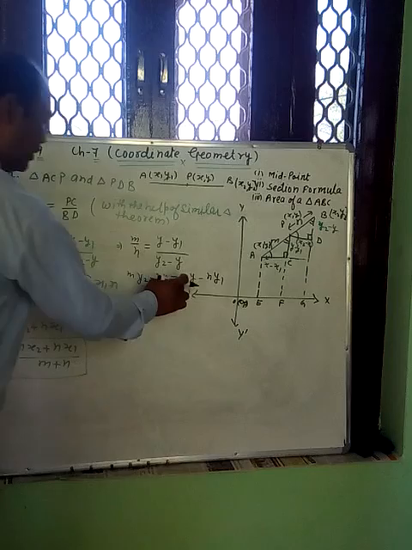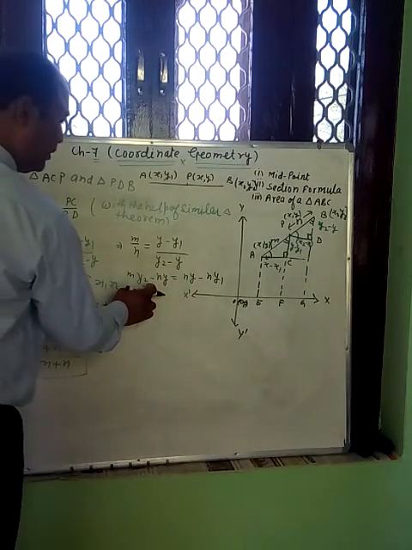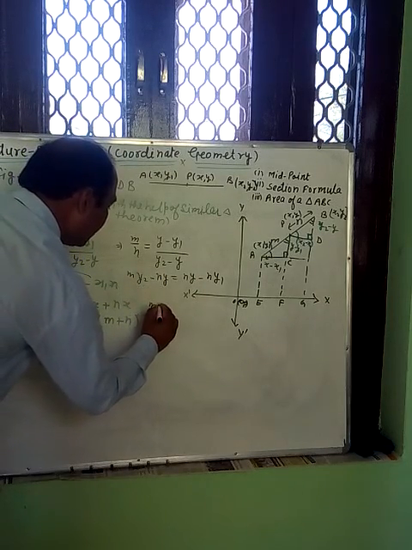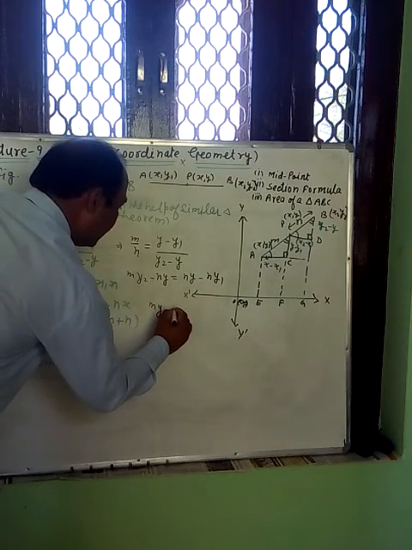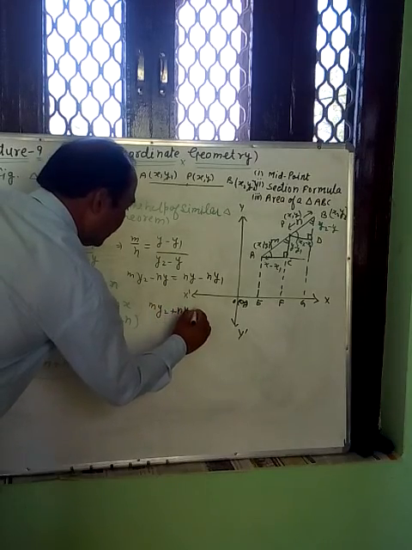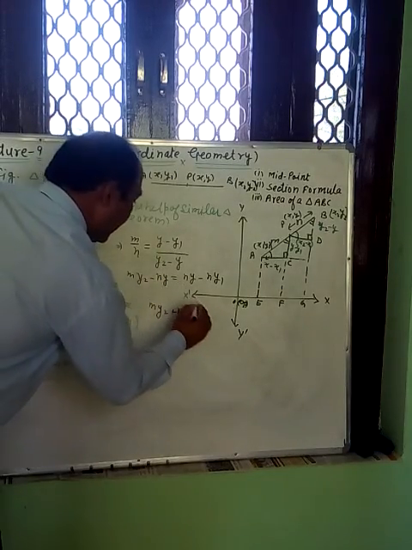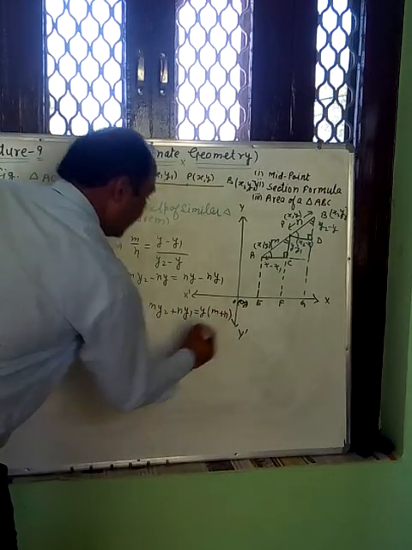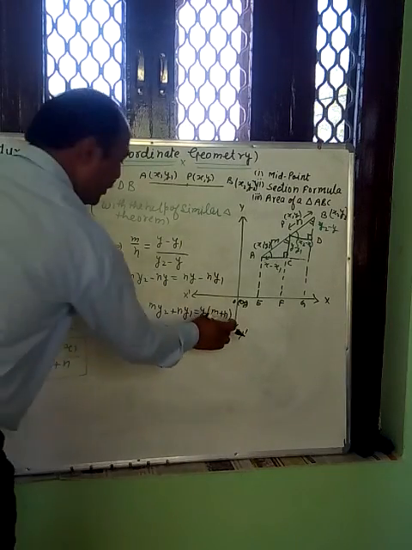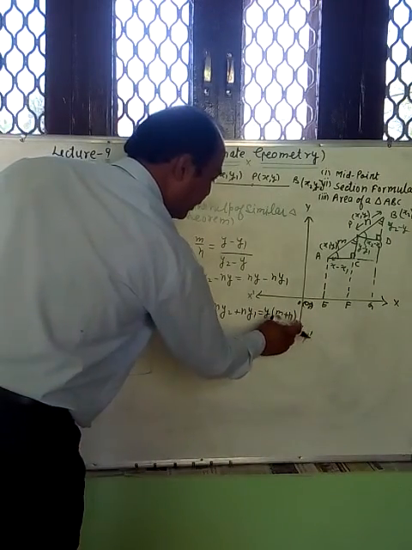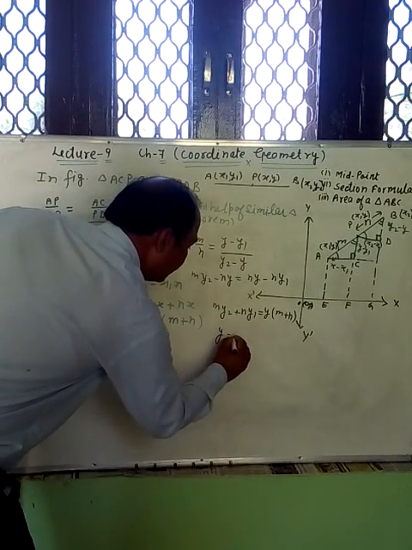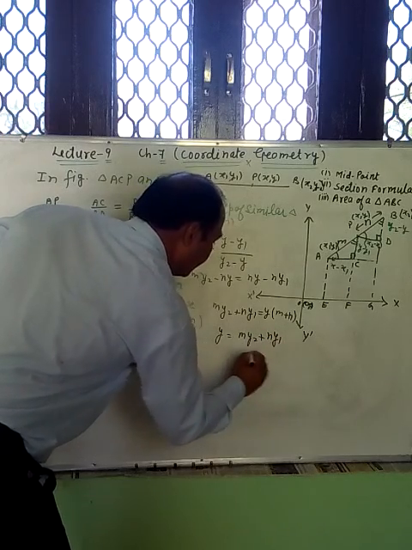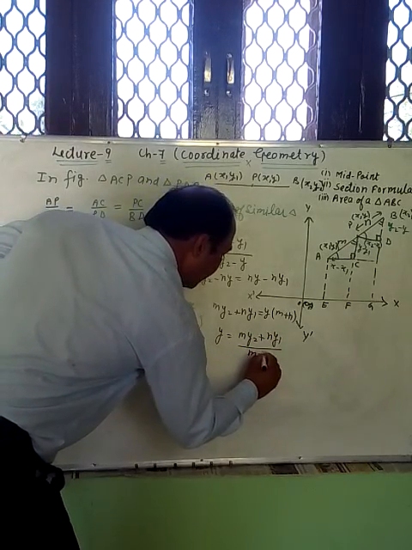Therefore m y2 plus n y1 is equal to y times m plus n. Dividing by m plus n, y is equal to m y2 plus n y1 upon m plus n.